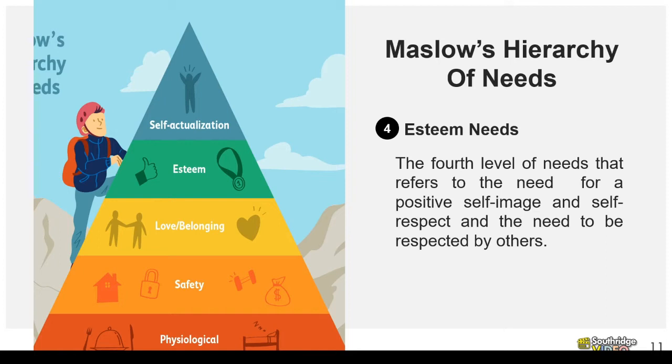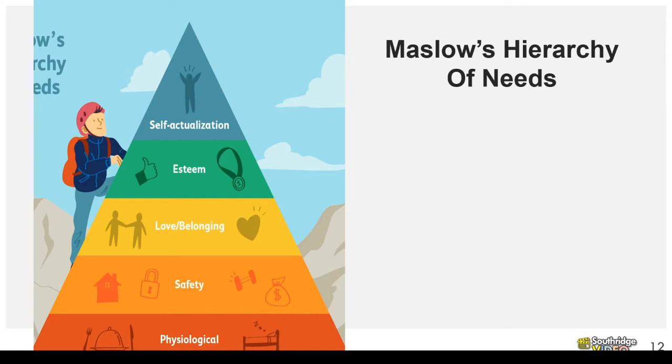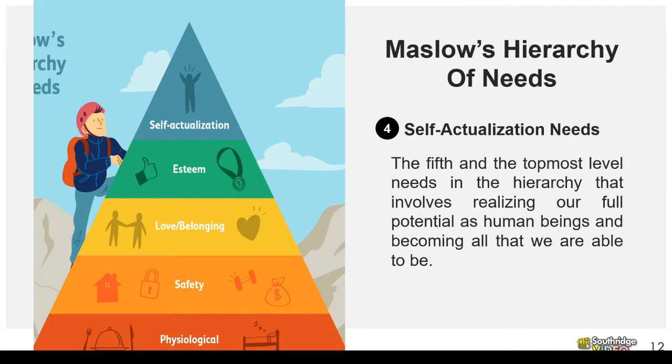be respected by others. And after satisfying all those layers, we will now achieve the top level, which is self-actualization needs. The fifth and the topmost level needs in the hierarchy that involves realizing our full potential as human beings and becoming all that we are able to become.